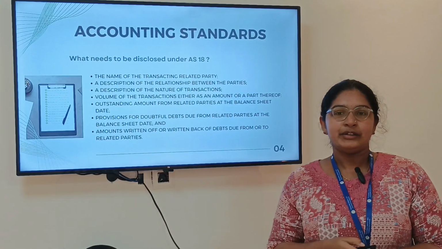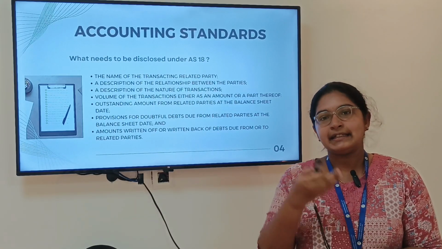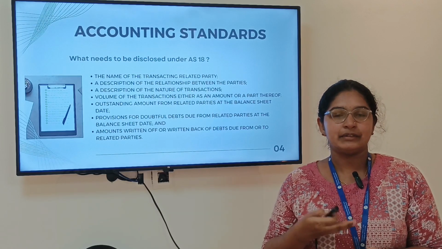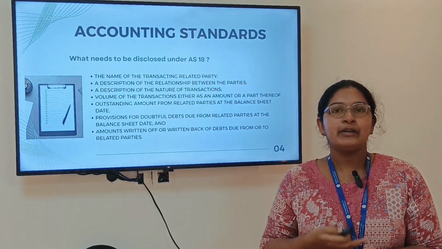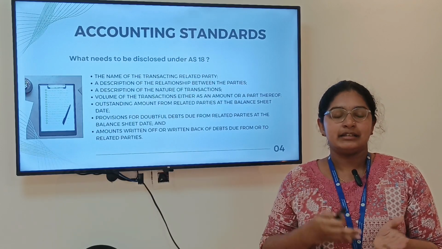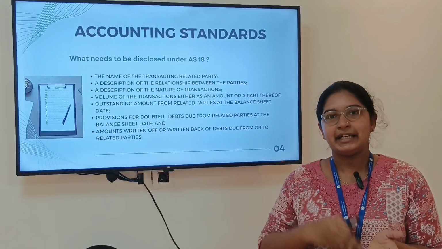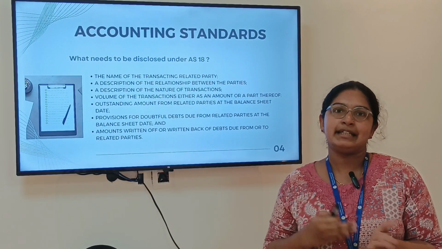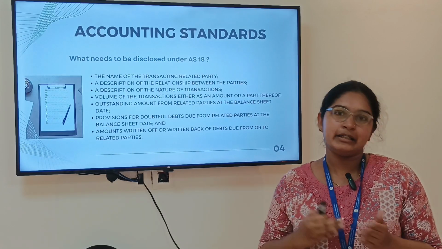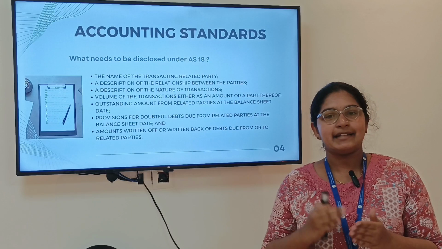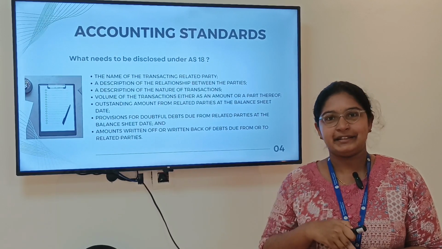The accounting standard also says which transactions we should consider as related party transactions. It gives examples like selling and buying of goods, services, or leasing of fixed assets, and any agreement entered between the parties. All these transactions will be considered related party transactions.